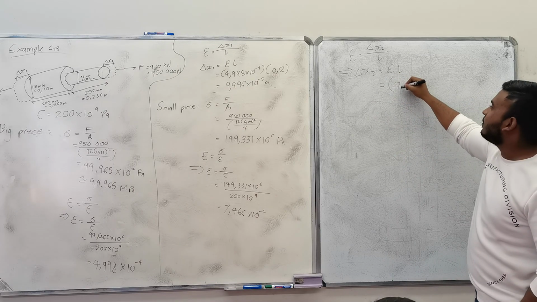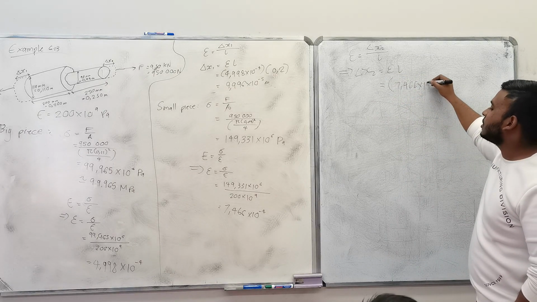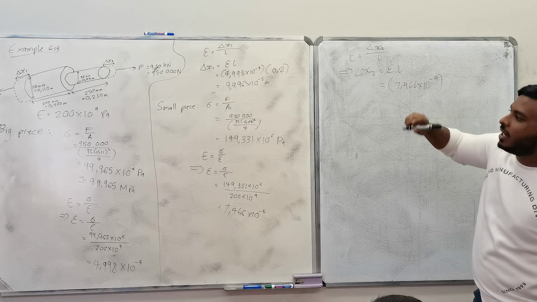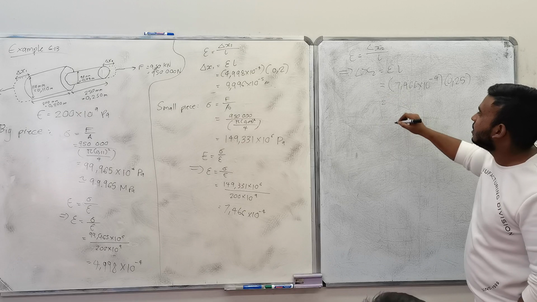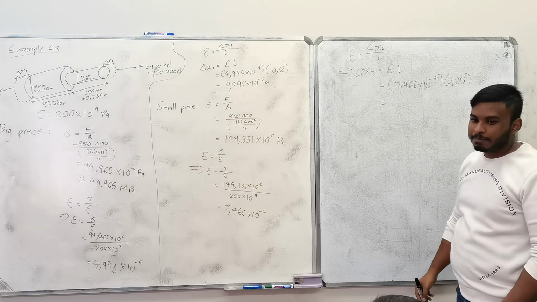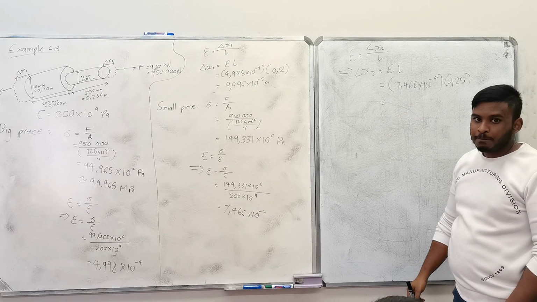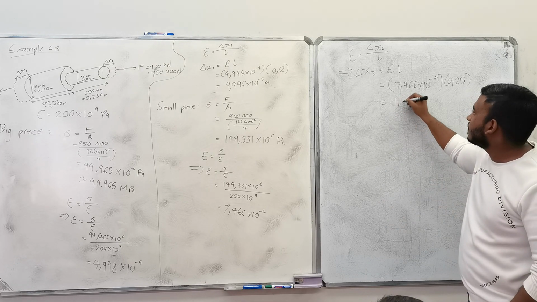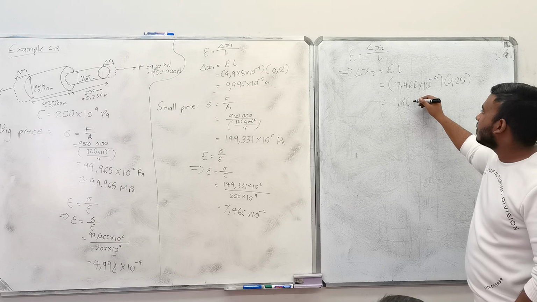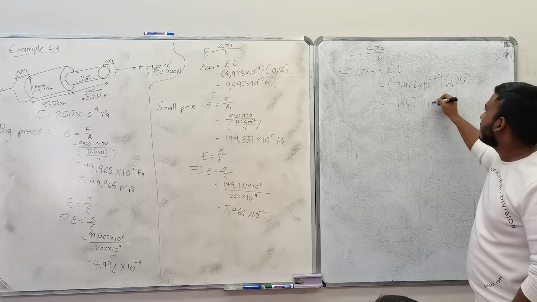Your strain is 7.466 times 10 to the minus 4. Its original length was 0.25 meters. You get that value of 1.867 times 10 to the minus 4 meters.